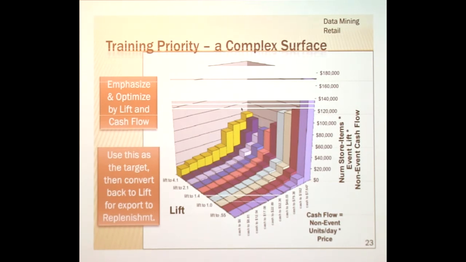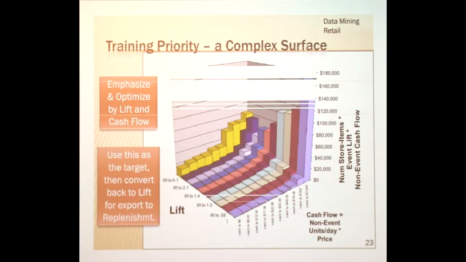This complex surface just shows how there are different data subsets that I'm focusing on much more so than others for doing the training. On this left axis is the lift. There were also items that had a lift lower than 1 because you're promoting some things with a heavy discount. Other categories might sell less than average, so not every lift was above 1.